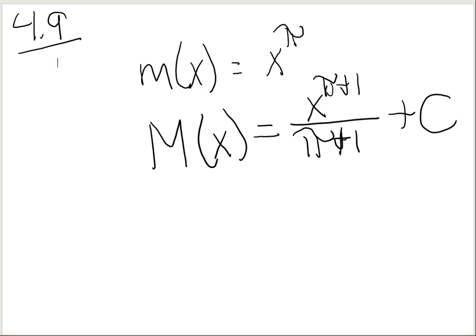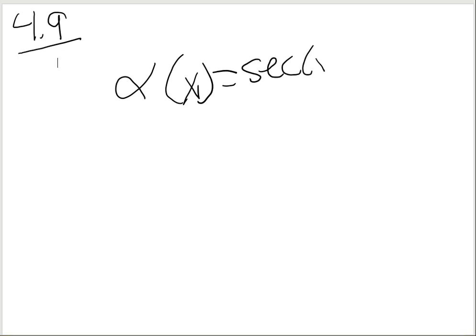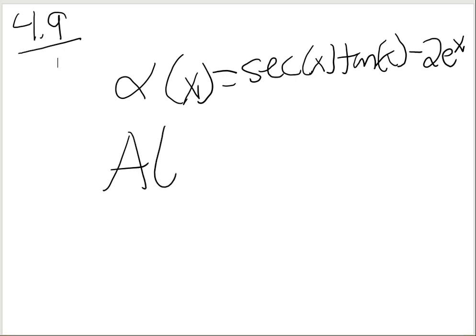Okay, so let's do an example with some trig in there. f of x equals secant x tangent x minus 2e to the x. Well, my thought process here is, what, when I take its derivative, gives me secant tangent?